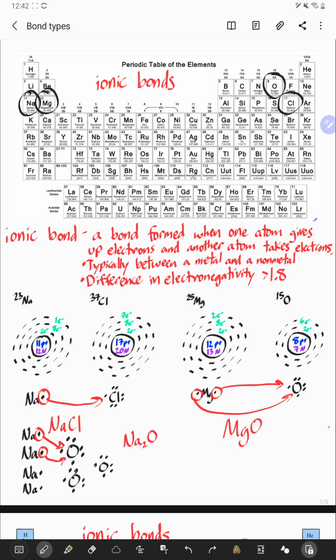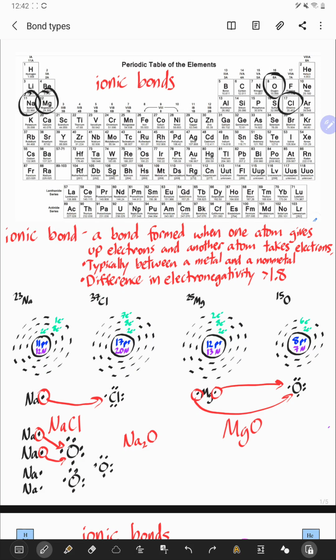For sodium chloride, we transferred 1 electron to chlorine, because now sodium got rid of its valence electron, getting rid of this outermost electron in order for it to get to 8. And then chlorine gained an electron, so now it has 8 valence electrons. They both have 8 valence electrons by sodium giving 1 away, and that's how they form sodium chloride.